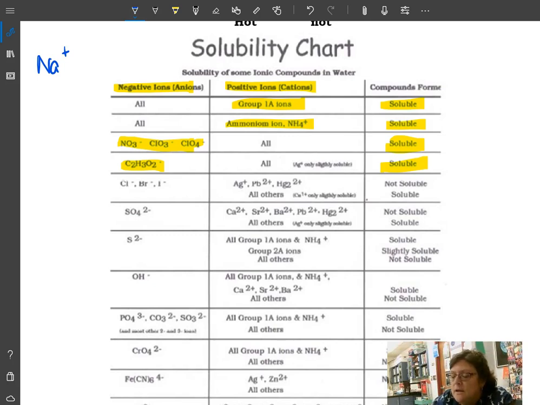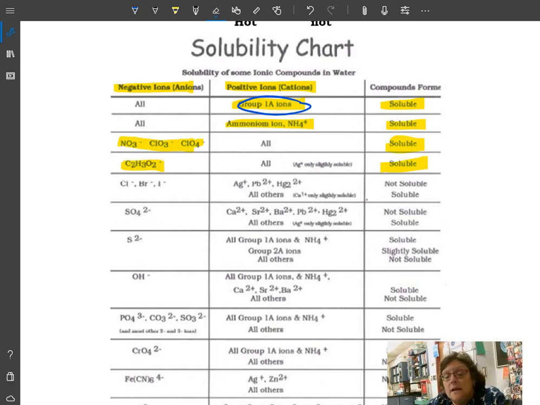Anything from group 1A, which are the elements lithium, sodium, potassium, rubidium, cesium, francium, is all going to dissolve in water. If you have a compound with ammonium in it, it's going to dissolve. If you have nitrate, chlorate, perchlorate, or acetate, you can just assume it's going to dissolve.